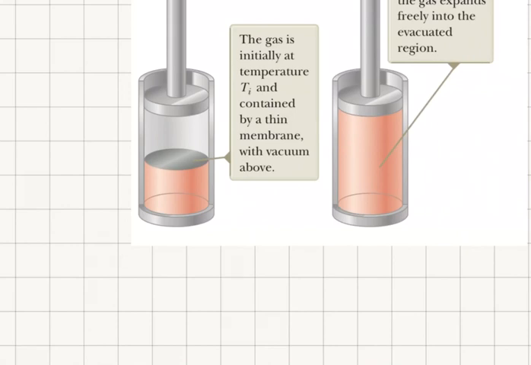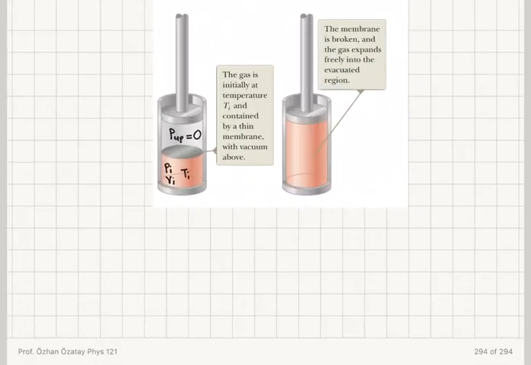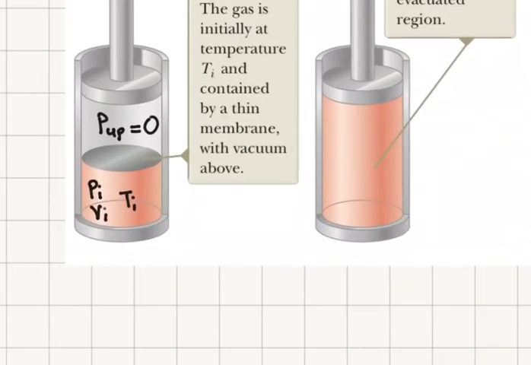So the pressure in the top portion is 0, and this thin membrane basically fixes the initial pressure, initial volume, and initial temperature of this gas. Now the membrane is broken and the gas expands freely into the evacuated region.